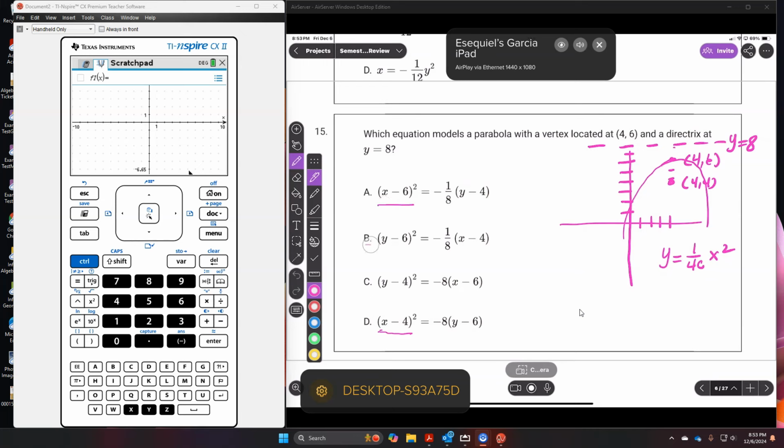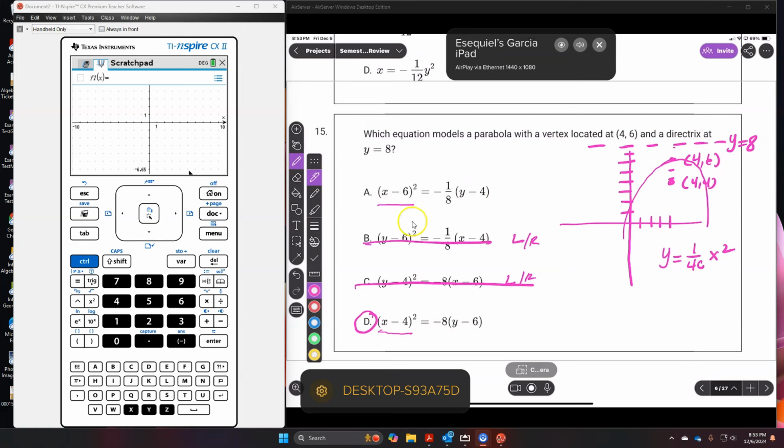So this one's going to go left or right, because it's y minus 4 squared. So that's going to be wrong, and this is going to be wrong. So now the answer is between these two. The minus 4 tells us that we go to the right 4 units. The minus 6 means we go to the right 6 units. So your answer will be D.